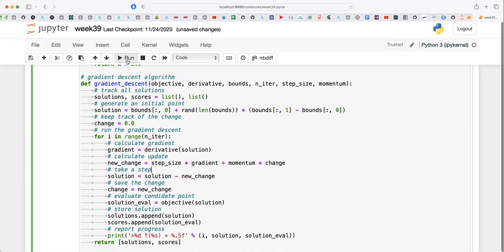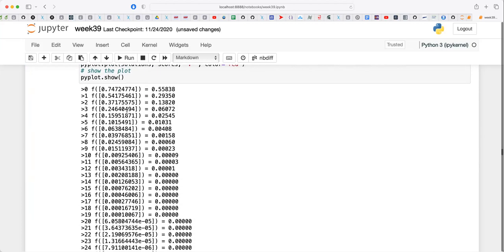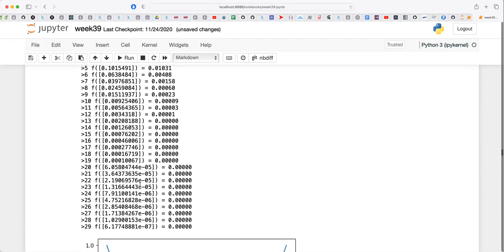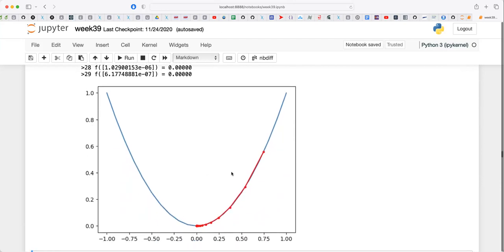If I now run this code, you will see that for the same function, after roughly 13, 14 iterations, I have a gradient which has approximated 0, and the solution takes x equal to 0. You also see that the number of iterations I'm plotting here is smaller than what I needed with plain gradient descent.